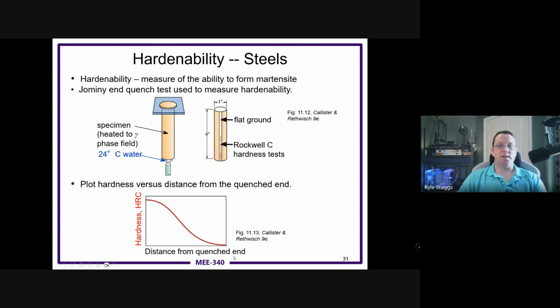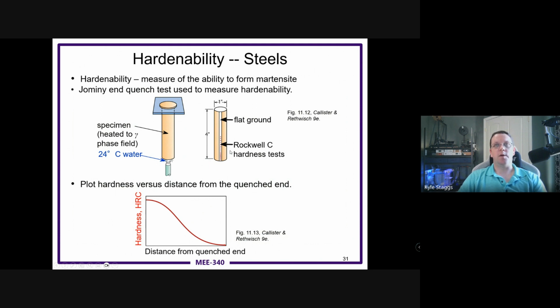And so as the distance from the machined end increases, the material that's cooled more quickly down below is going to be harder, and the material farther away from the cooled end is going to be comparatively less hard.